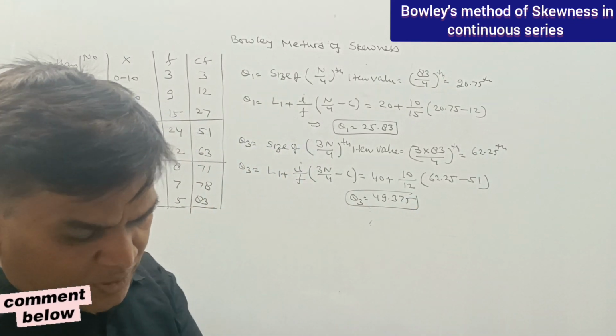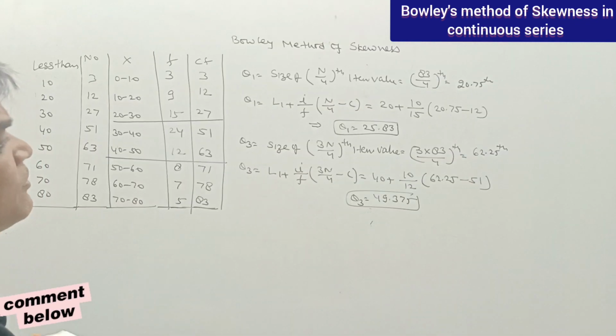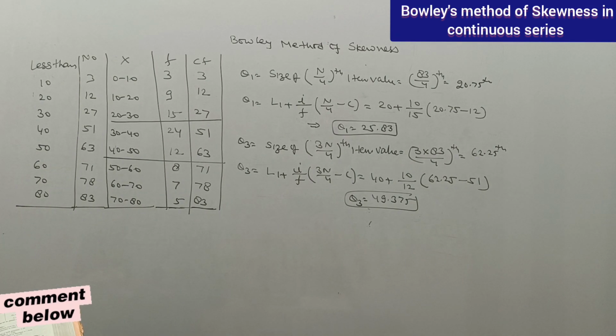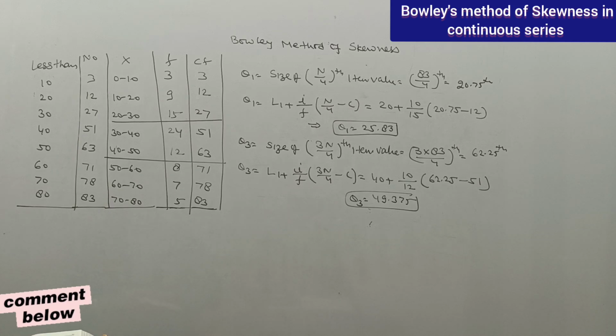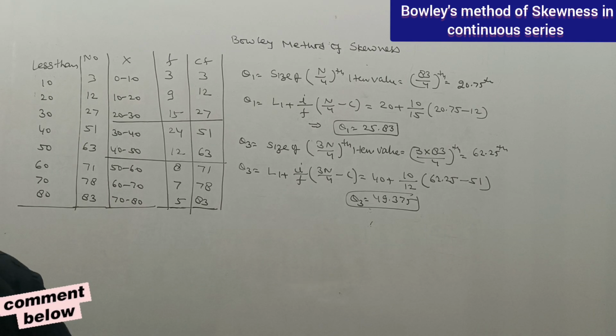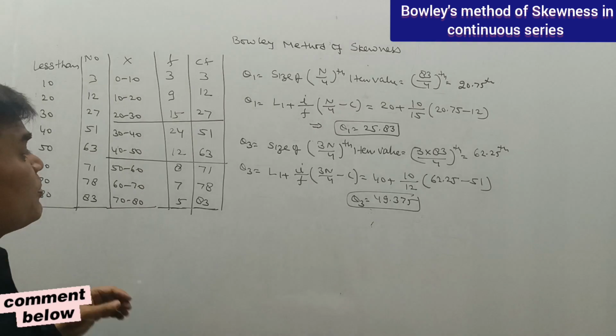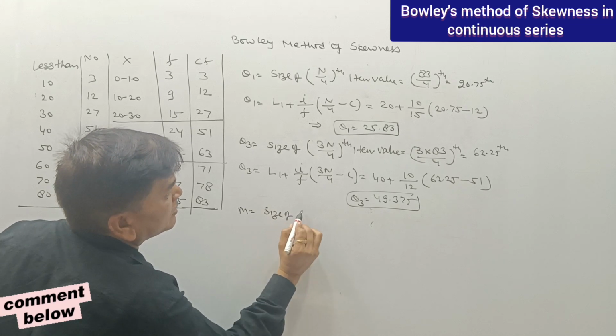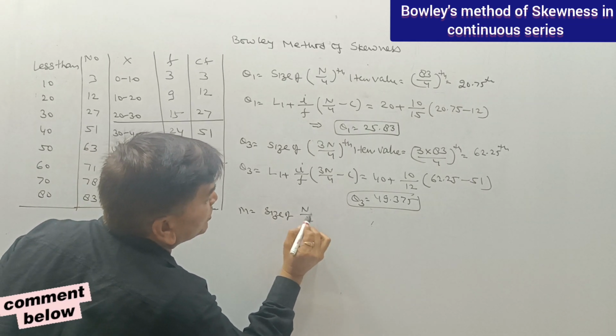We have calculated two values. The first value is 25.83 and the second is 49.38. Both we have calculated. Now the value of the median, M, is equal to the size of the n by 2th item.